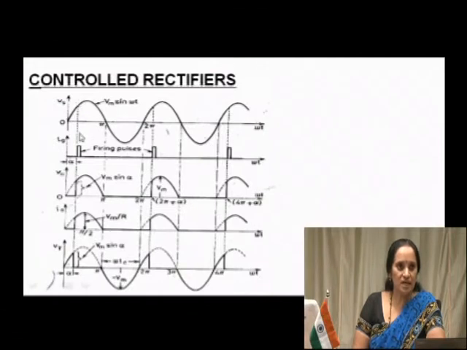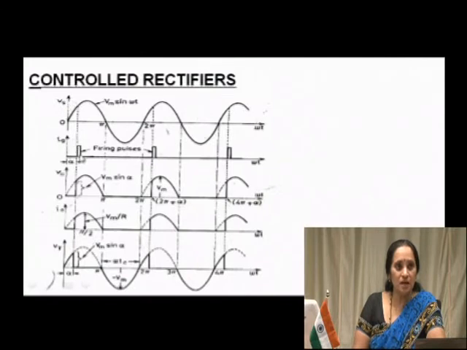So, please see, I can change this firing angle to whichever portion I want. So, you need not bother where to draw your pulse, you need not break your head. But the moment you draw your pulse, the remaining waveform should follow with respect to this pulse only. So, the second waveform is the pulse waveform, the gate pulses which are periodic.